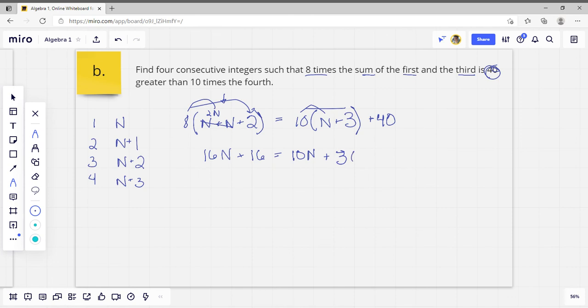And plus 40. Alright, and we could go ahead and add together our 30 and our 40 to make 70.